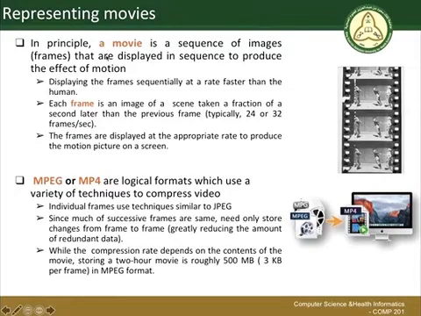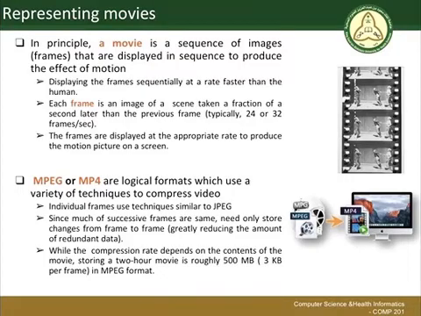So the movie is displaying these frames, the sequence of images, at a rate faster than a human can notice. That's why we see it as a movie and something moving. Each frame is an image of a scene taken a fraction of a second later than the previous frame.